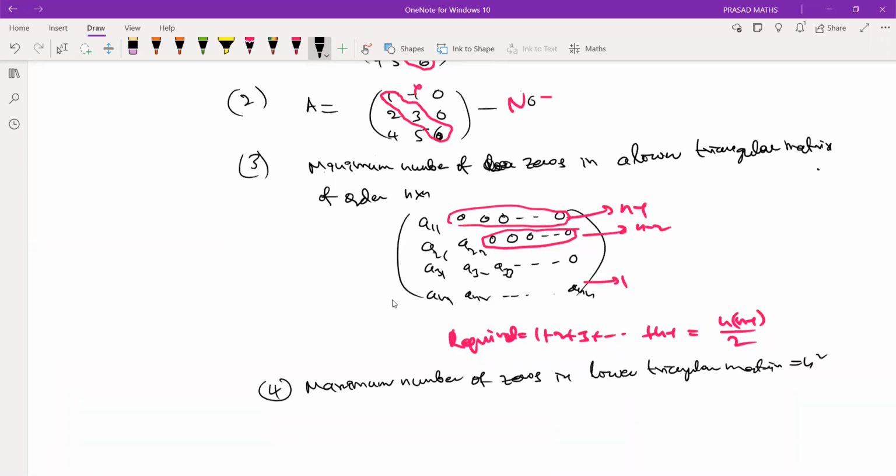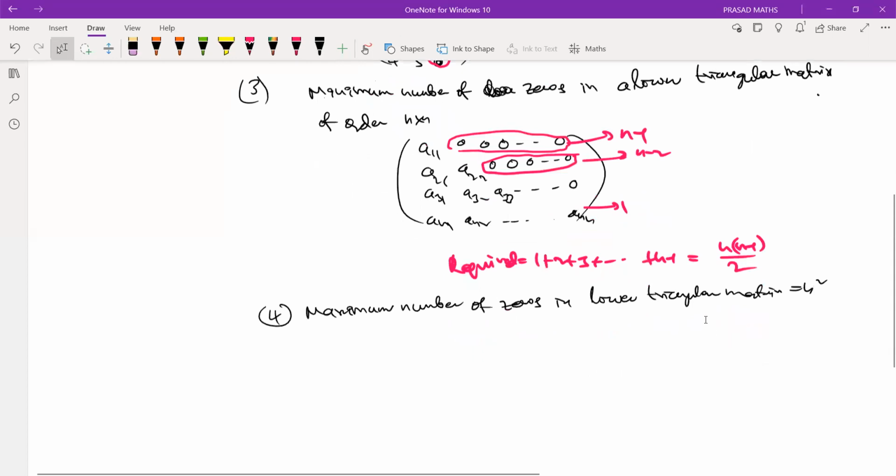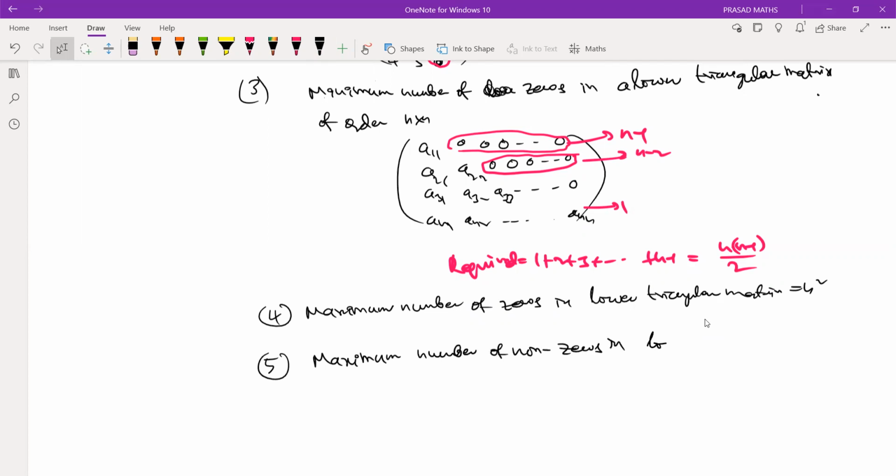And the question is the maximum number of non-zeros in a lower triangular matrix. Tell me. Here a11 cannot be 0, so how many entries? n. Similarly this row has n minus 1, going on, this is 1.